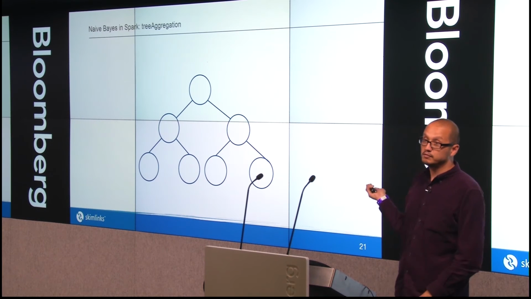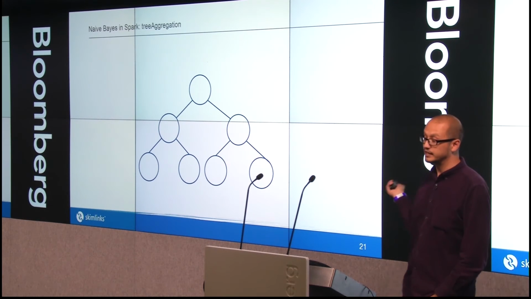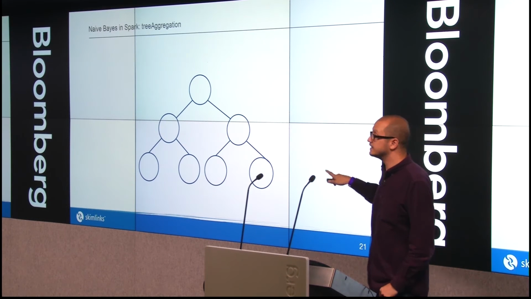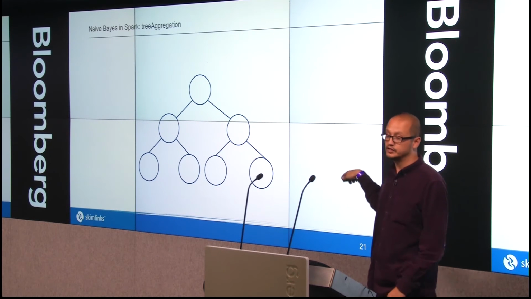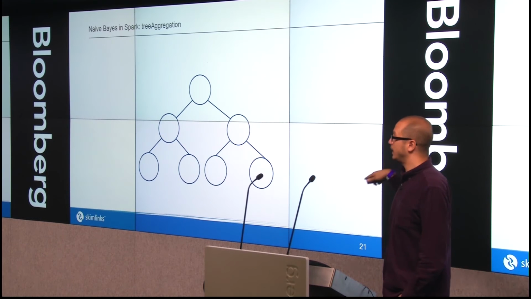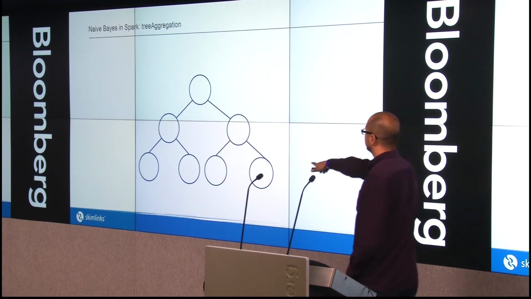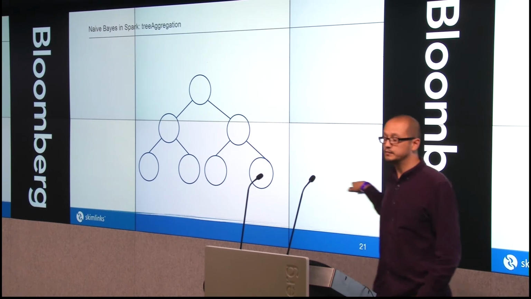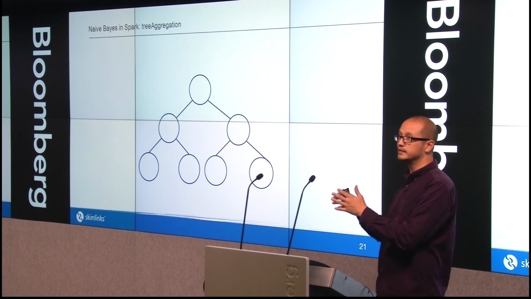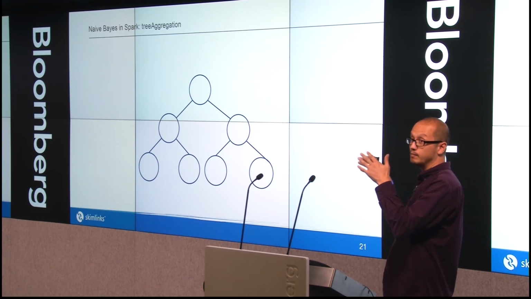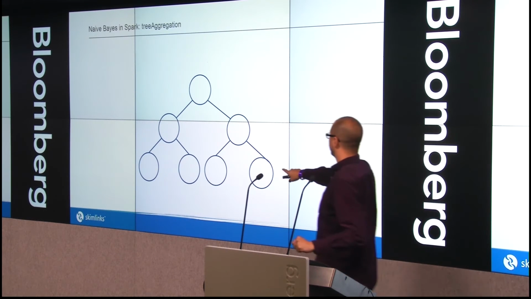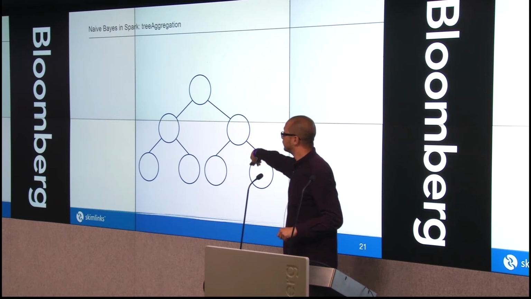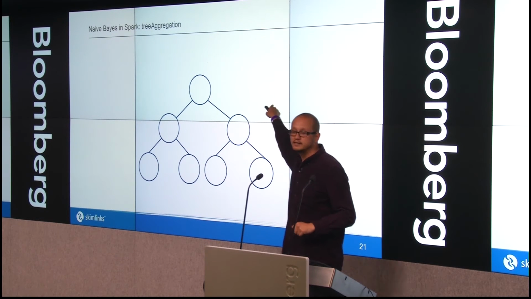But the designers of Spark have thought about this. There's a new function in Spark called treeAggregate, which does exactly the same thing as aggregate, but does it over a tree structure. All that means is that instead of aggregating the elements of each partition separately and then putting them all onto the master, it does it in an iterative manner, aggregating each partition separately first, and then aggregating a couple of partitions together, and then a couple more.